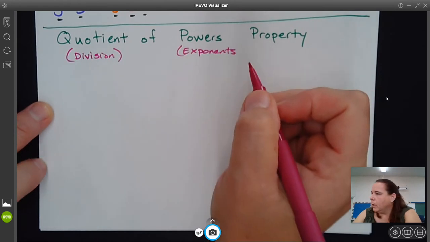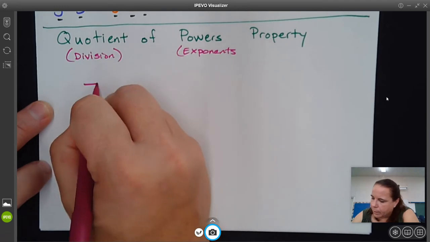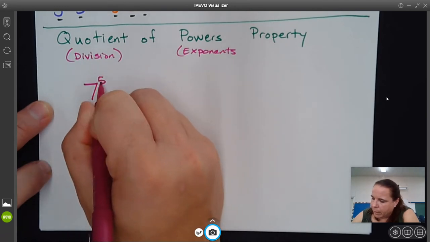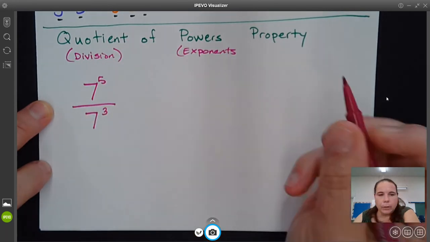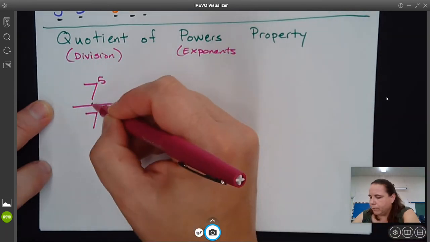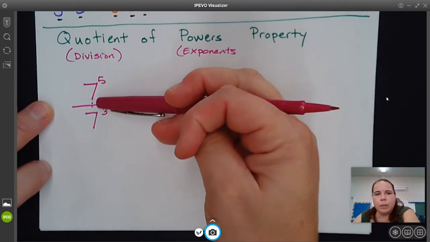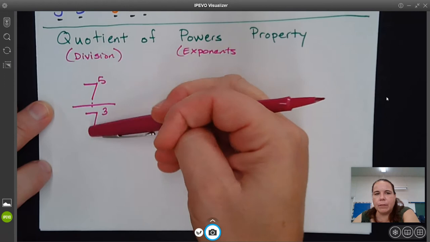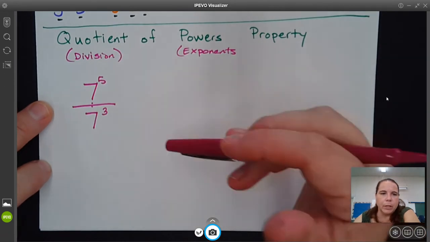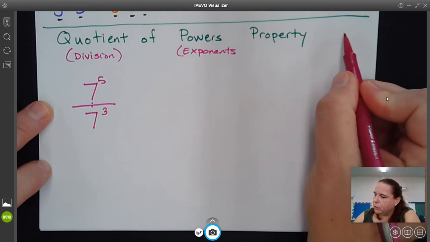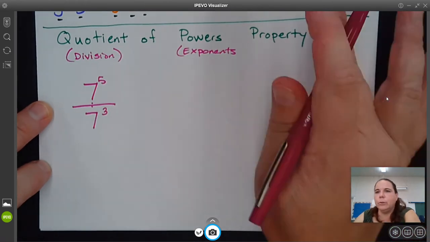Okay, so something along the lines of like 7 to the 5th power divided by 7 to the 3rd power. So notice this is in a fraction form. So a fraction means division. So as we get into 8th grade math, and your book does a little bit, but that's your book, it's not typical. The old-fashioned division symbol that you see between numbers is going to kind of disappear.